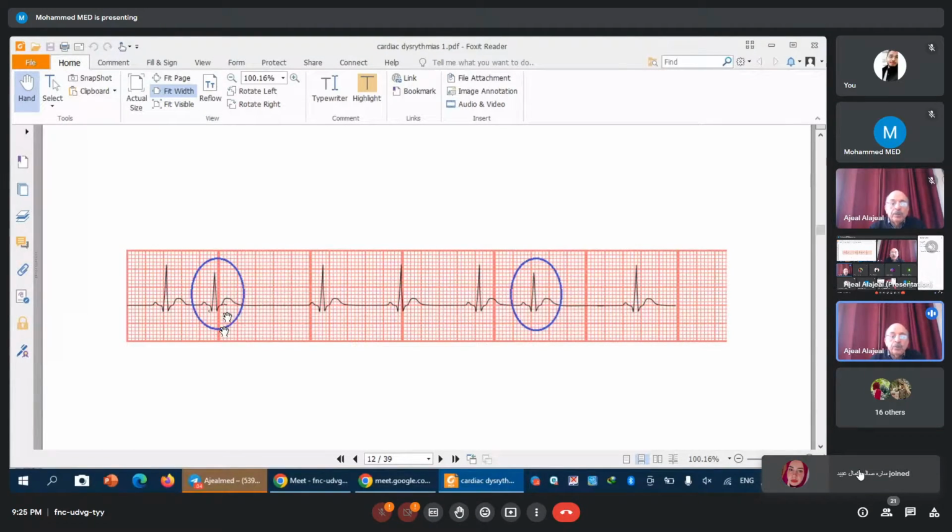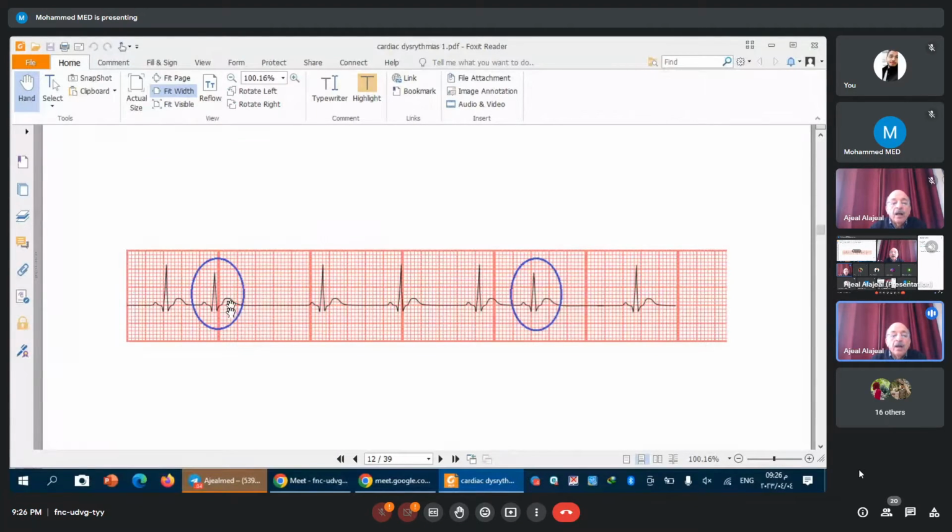And there is another differentiating point. An atrial premature beat will come early. If you take this beat to this, these are 3 normal beats, but here we have a premature one. This premature beat comes earlier, before time. It should have come here, but it came here. But it is followed by a compensatory pause, a longer time for the third beat.